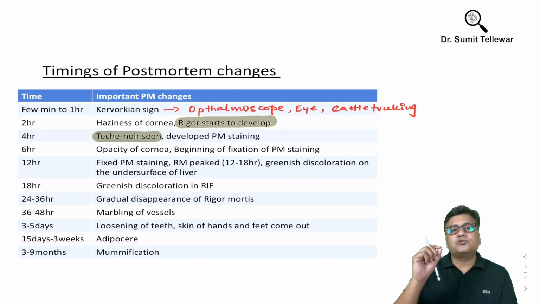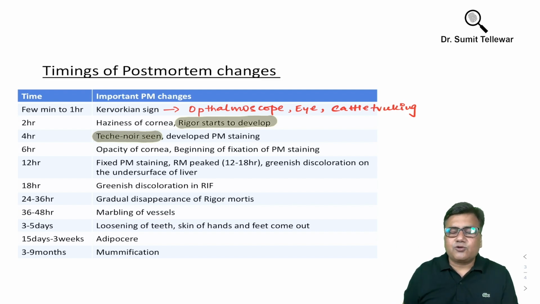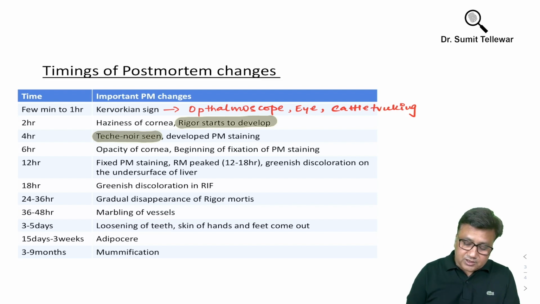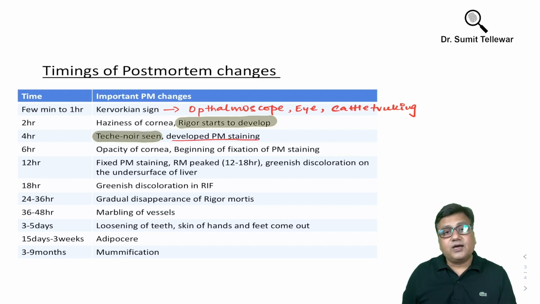So if we can see tache noire, we can say that the body has been dead somewhere close to 4 hours, right? And we start to see the post-mortem staining. Developed post-mortem staining can be observed around 4 hours.